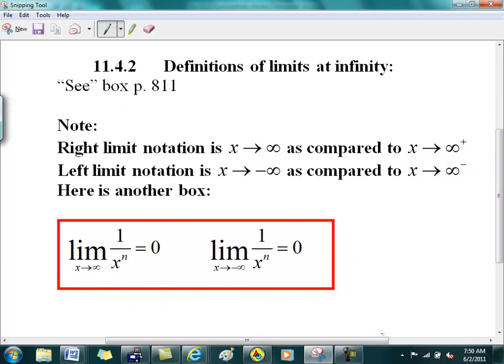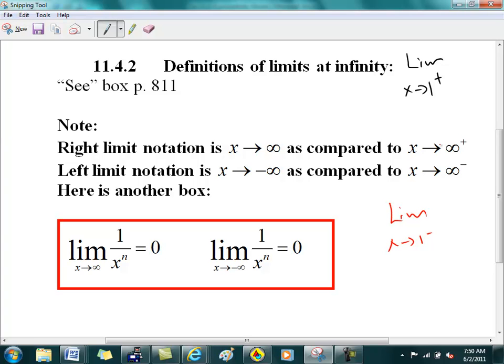Remember yesterday or day before we talked about something like this, limit as x goes to 1 plus, right? Or limit as x goes to 1 minus. You know the difference between these two, right? What does 1 plus mean?